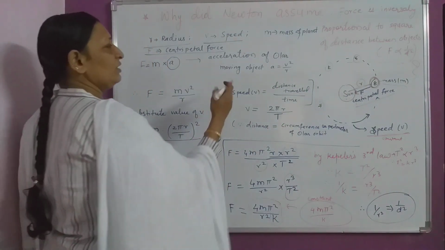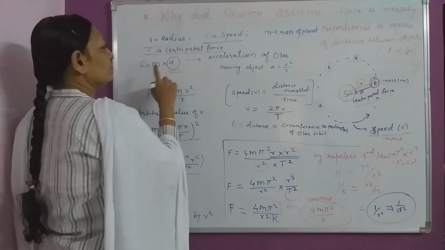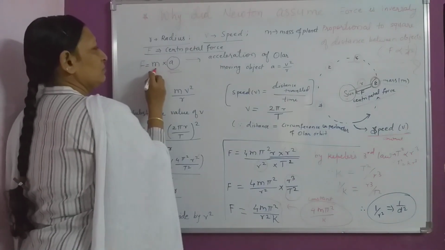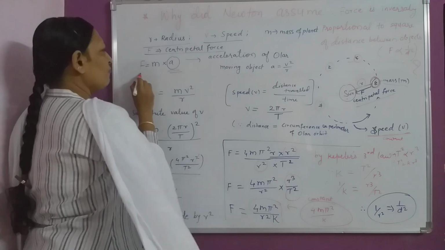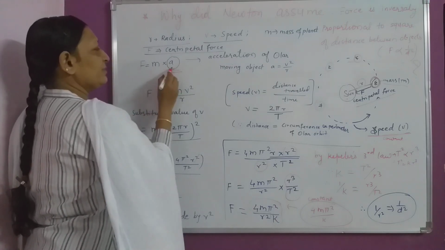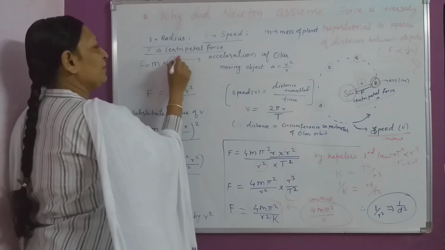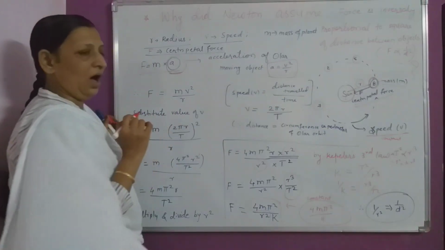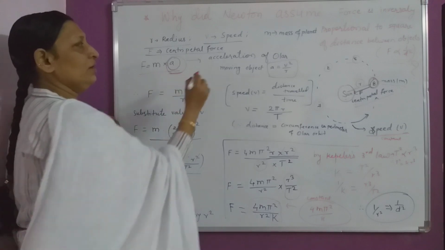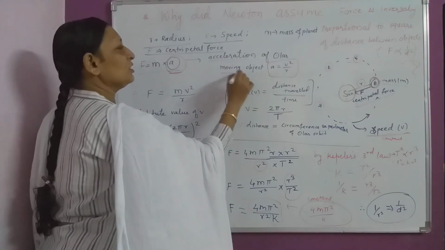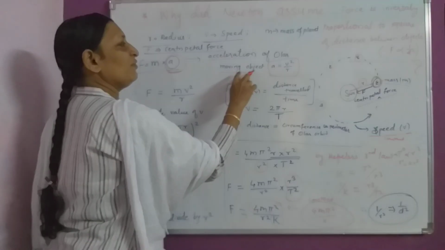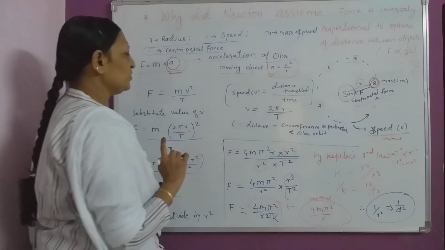So remember this one: since this is a circular moving object, for calculating the value of force we will take the formula mass into acceleration, and the value of a we will take v square upon r. Why v square upon r? Because the object is in circular motion. So the acceleration of a circular moving object is calculated by this formula.